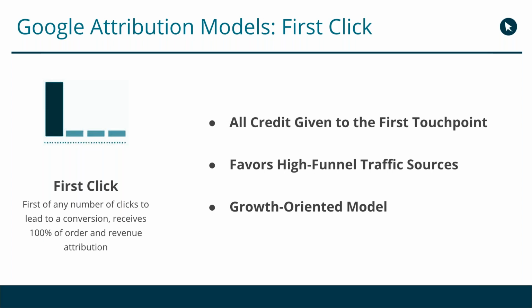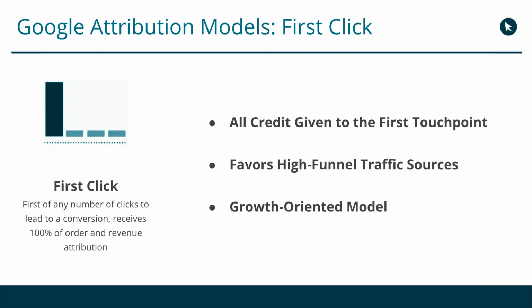When you're getting in front of audiences that are not familiar with you and you're trying to grow your brand awareness and you have those types of campaigns in action, first click tends to favor those campaigns because, as we know, most of the search volume that's out there is generic, and people are just searching for types of products, types of things that they want. They're not necessarily searching for your brand name.